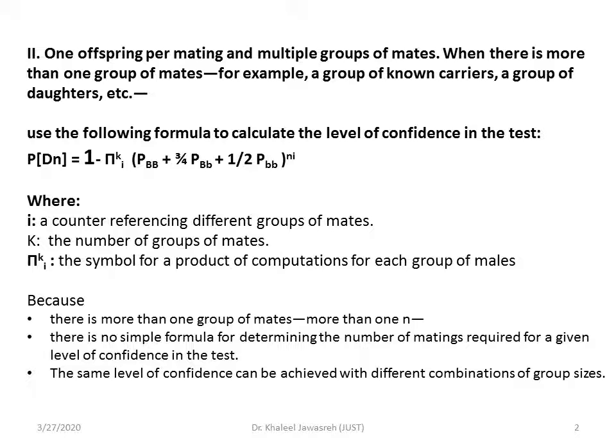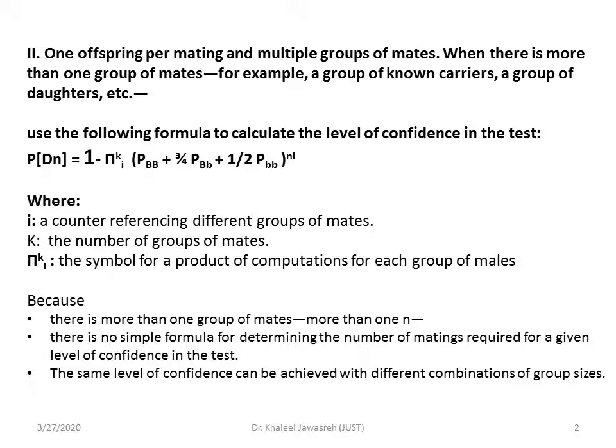The probability of the confidence here will be equal to 1 minus the product computation for each group, multiplied by the probability of being B capital plus 3/4 of the B capital B small, or half of the probability of B small, to the power of ni.